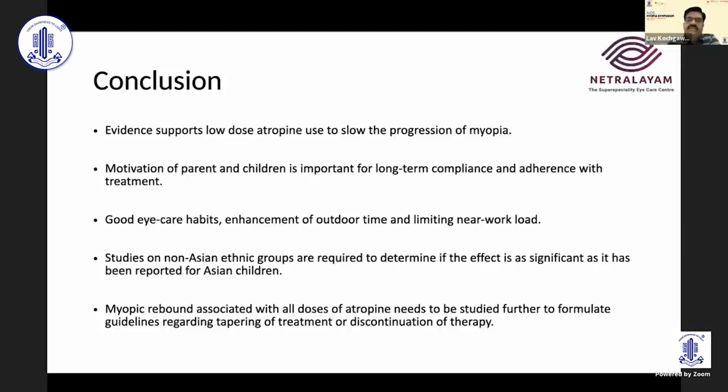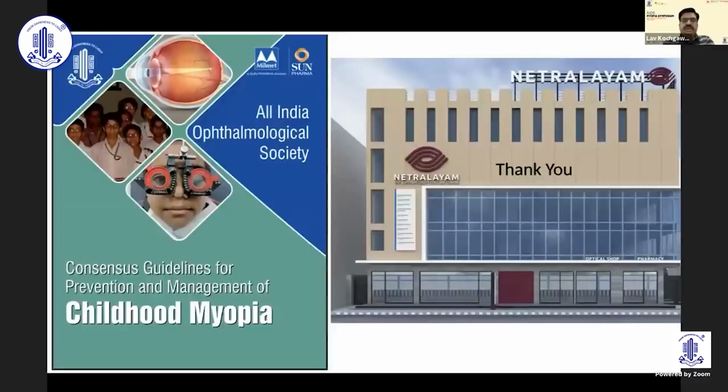Studies of non-Asian ethnic groups are required to determine whether the effect is as significant as is reported in Asian children. And rebound associated with all low dose atropine needs to be further studied to formulate guidelines for further treatment and discontinuation of the therapy. Thank you so much.